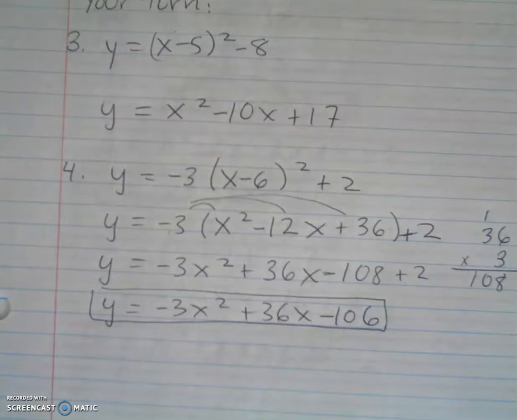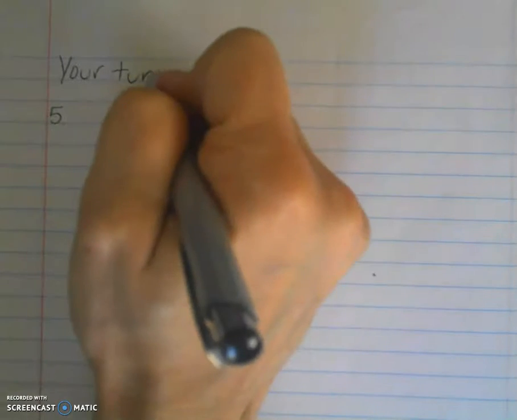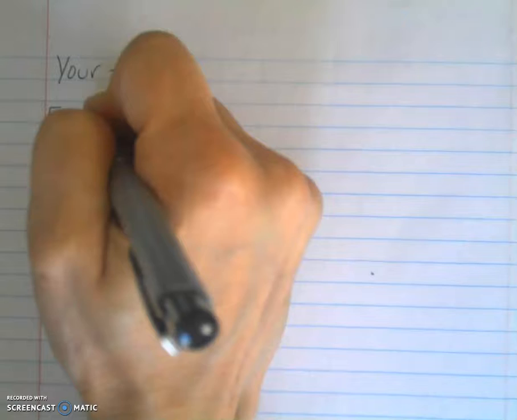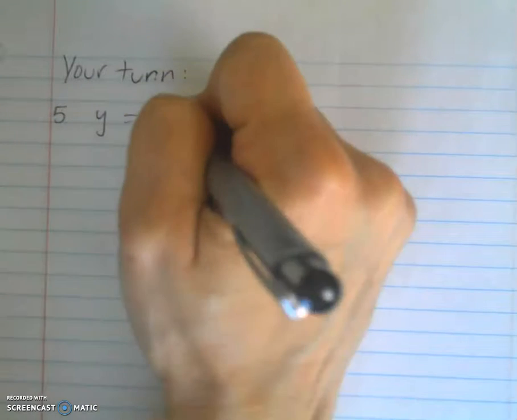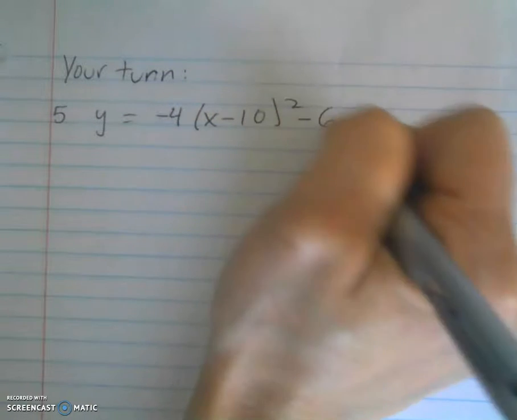Okay, I'd like you to try one more, just like that, and then we'll be done. Okay, number 5. Your turn. y equals negative 4 times (x minus 10) squared minus 6.